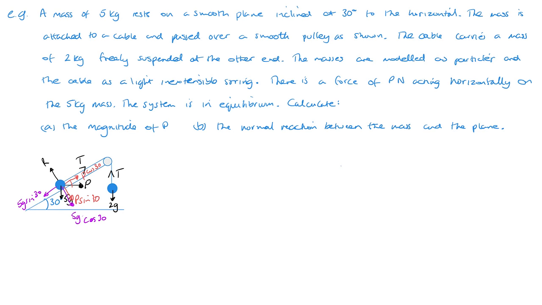Now I can go ahead and consider some of the weights and the masses. So I'm going to start off by considering the 2 kilogram mass. And when I resolve vertically there, I get T equals 2g.